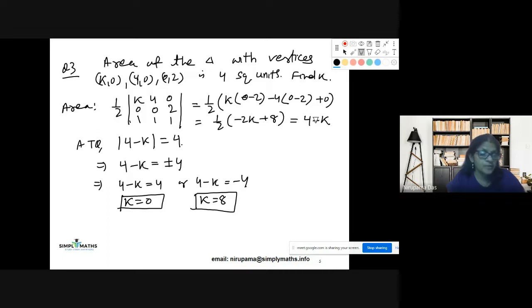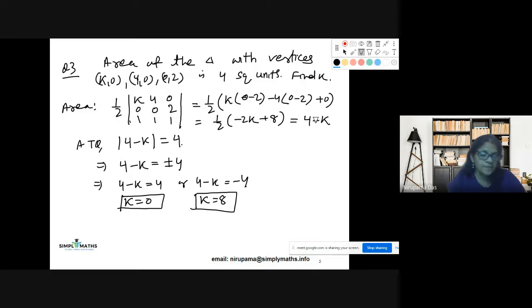Third, the area of the triangle is already given and we are given 3 points, one of whose coordinates contains an unknown. Find that unknown, k or kx, like this. So question number 3 and question number 5 are of similar type. Question number 4 has 2 parts.